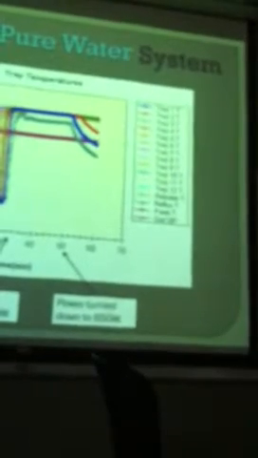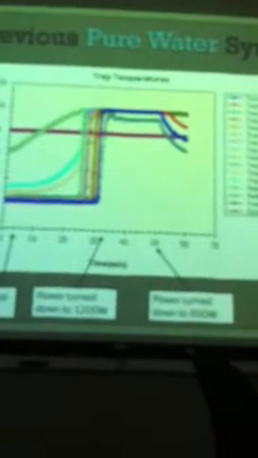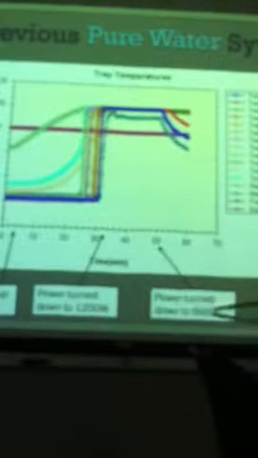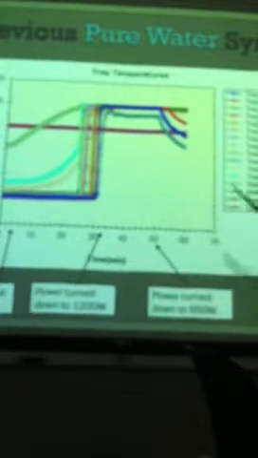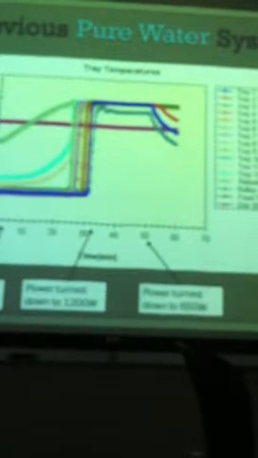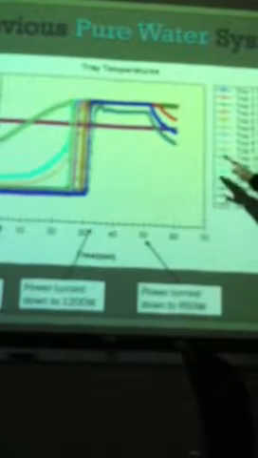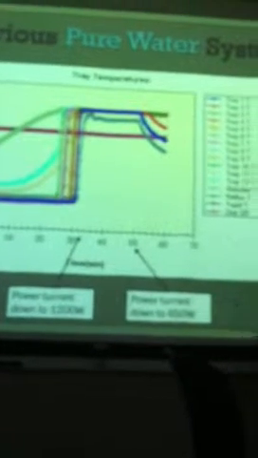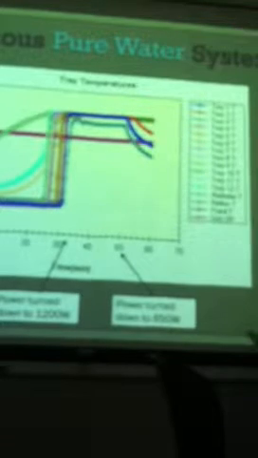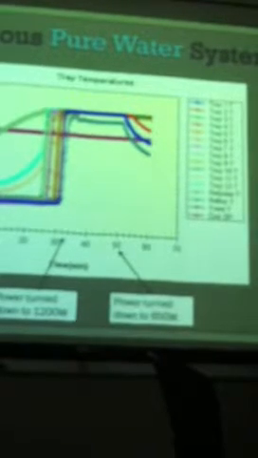From a previous pure water system distillation, you can see that when the power is dropped from 12 to 650, this is just the beginning of it. We didn't have one that brought it all the way out, but each tray drops systematically and instantaneously with the drop in wattage from the reboiler.